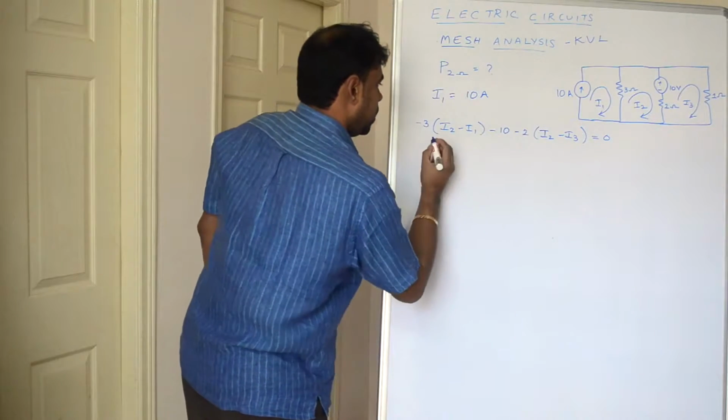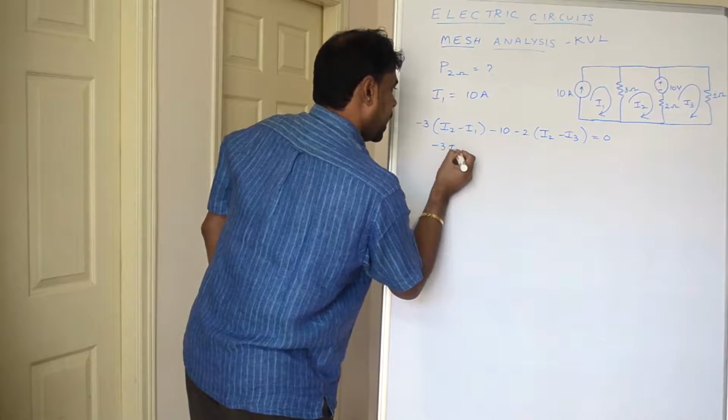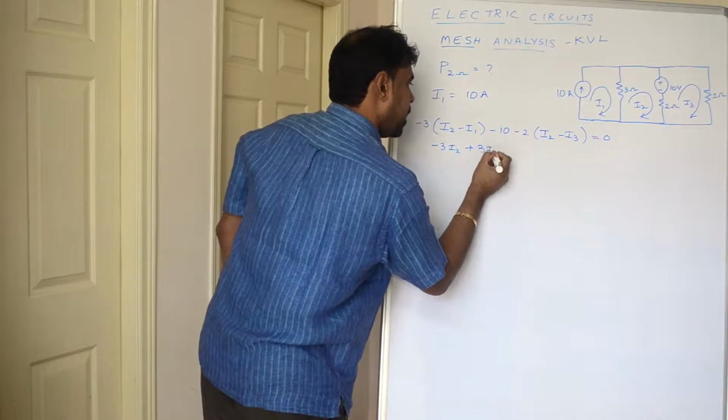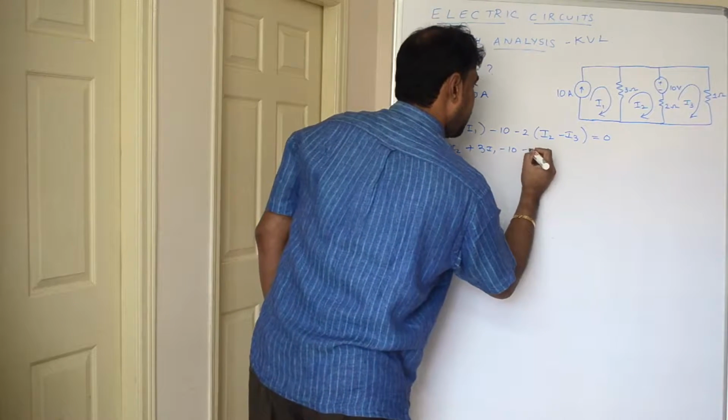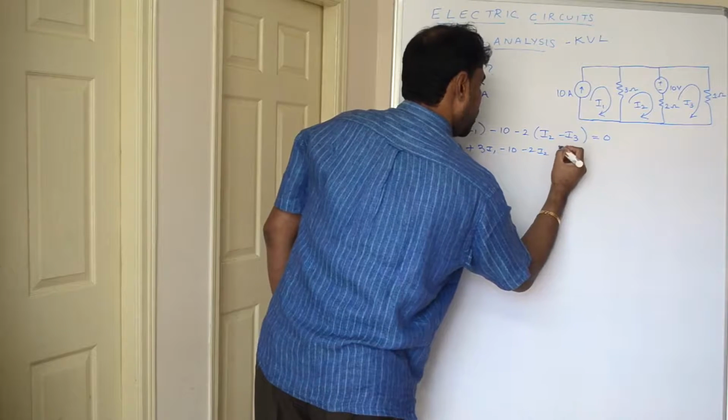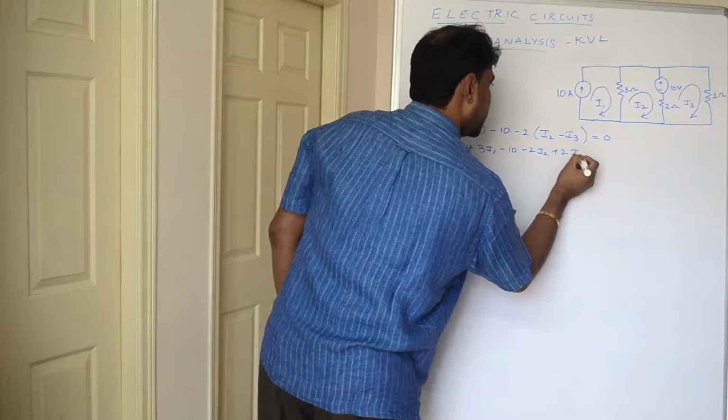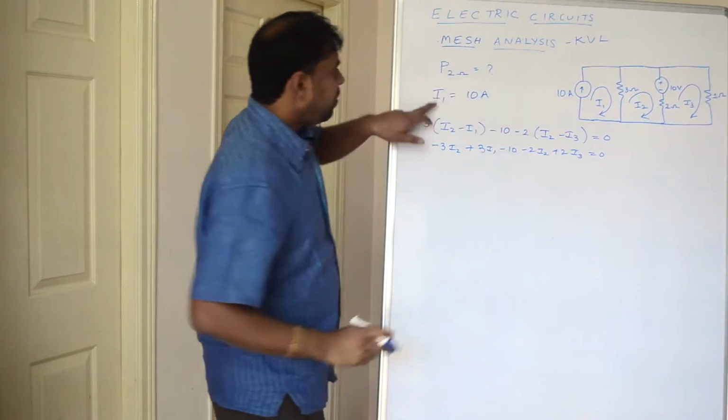So it will be minus 3I2 plus 3I1 minus 10 minus 2I2 plus 2I3. The I1 value we already know.